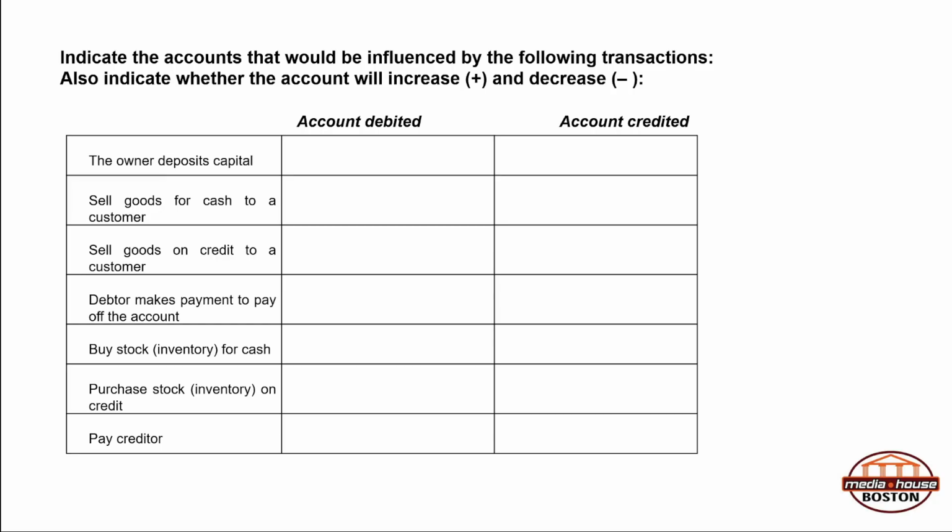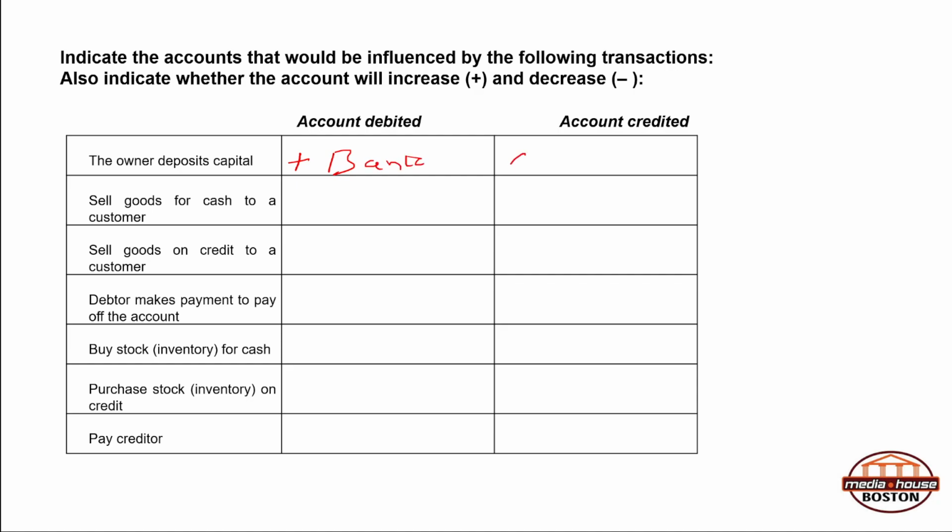Once we move from that stage, we classify this account. We are saying that there is a bank account, and it went up. So what is a bank account classified as? Is it an asset, liability, or owner's equity? It's an asset. Since it's an asset, assets increase on the debit side because this bank account is increasing. So over here we're going to have a plus for the bank account.